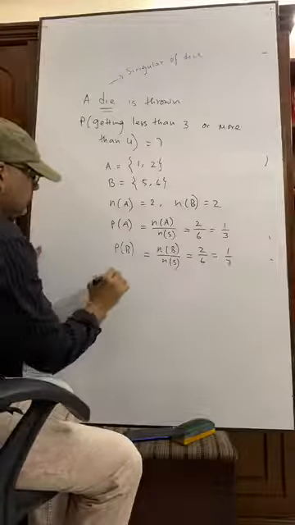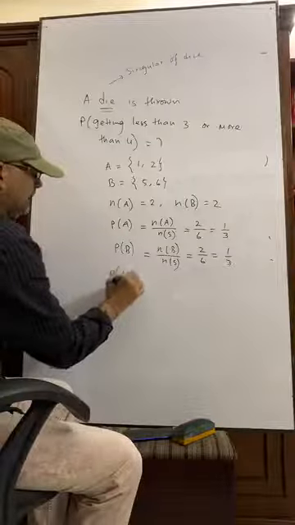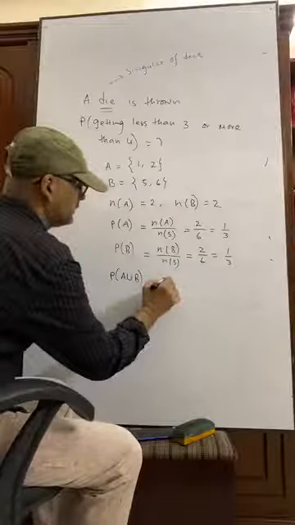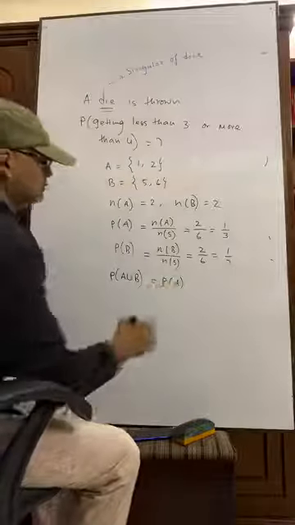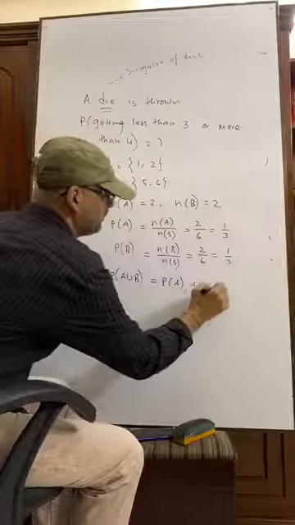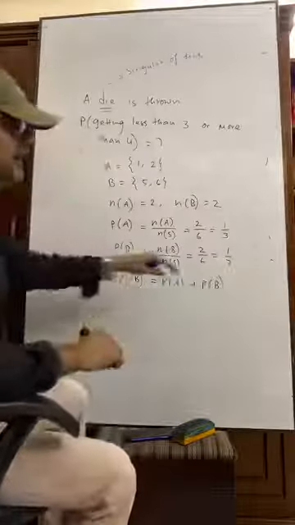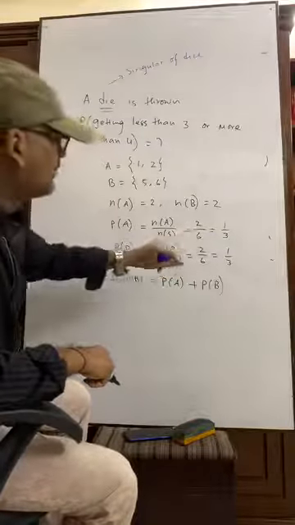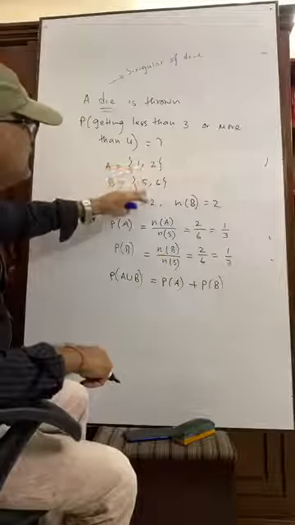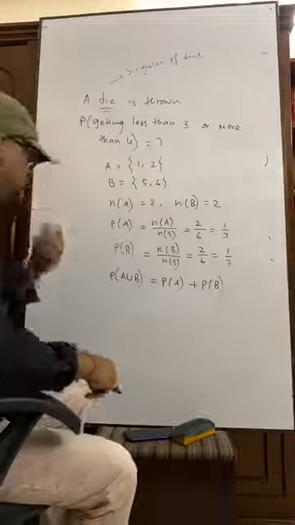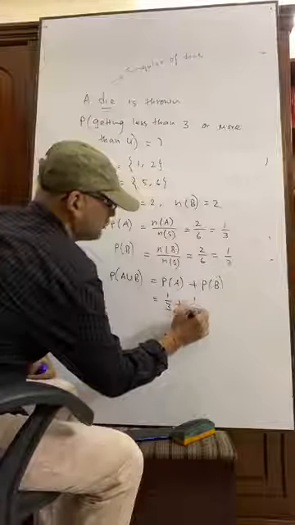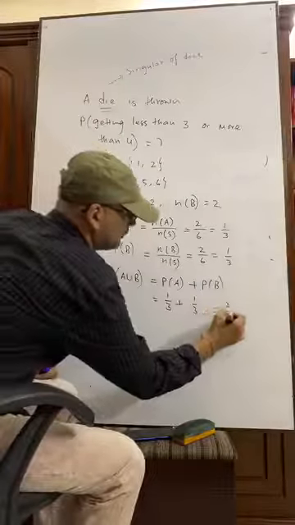So, probability of A union B is equal to P of A plus P of B. You see, there is no common here, okay? It is 1, 2, it is 5, 6. So, it is 1 by 3, it is 1 by 3. That is equal to 2 by 3.